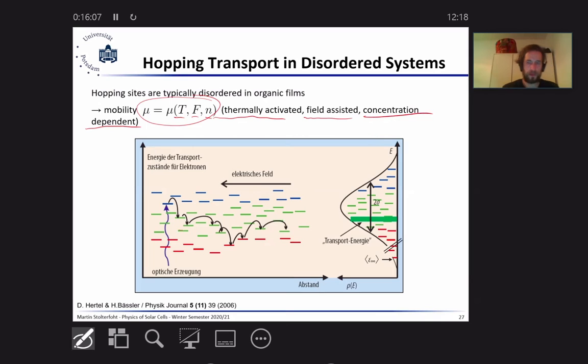So if you bring many organic semiconductors together, you can understand the whole film as a distribution of molecular energy states available, and charges need to hop between these states.